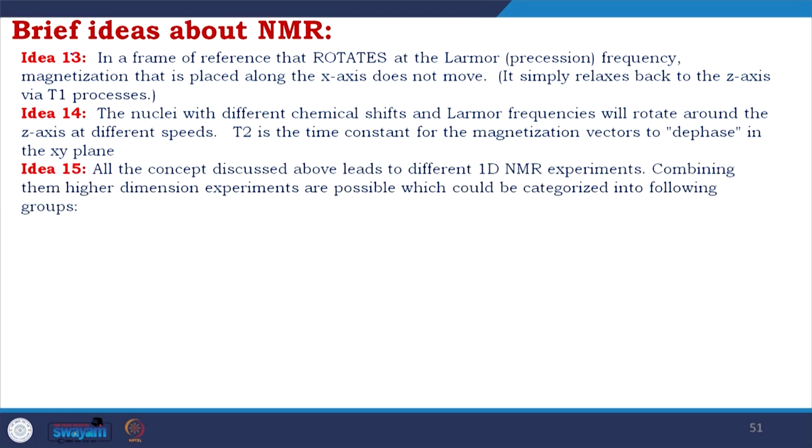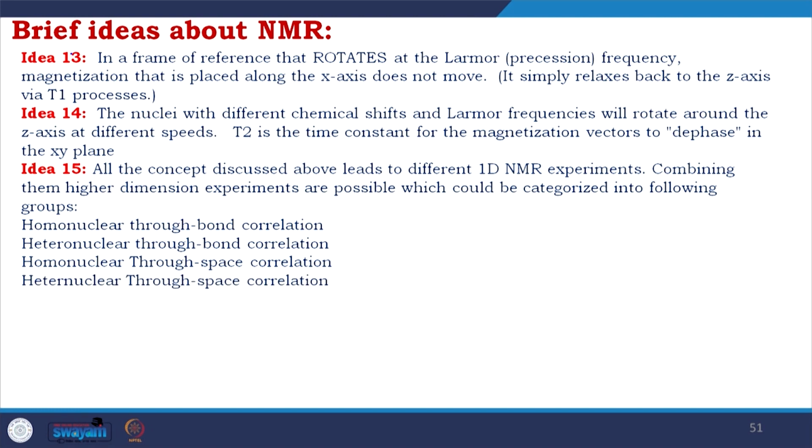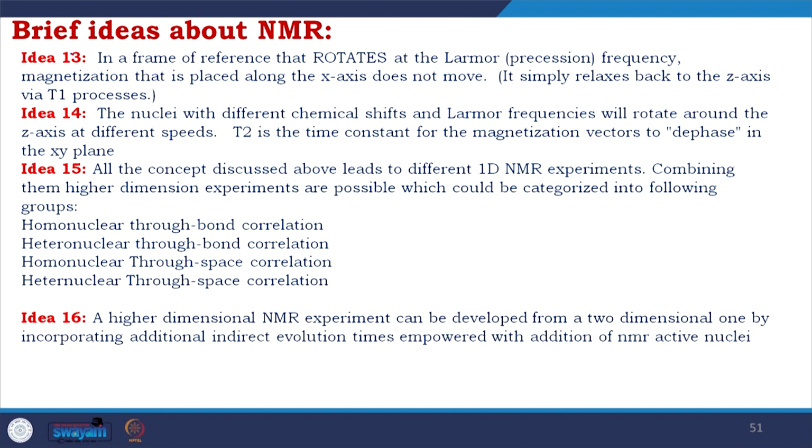Idea 15: all the concepts discussed above lead to different 1D NMR experiments. Combining them, higher dimension experiments like 2D and 3D are possible, which could be categorized into the following groups: homonuclear through bond correlation, heteronuclear through bond correlation, homonuclear through space correlation and heteronuclear through space correlation.